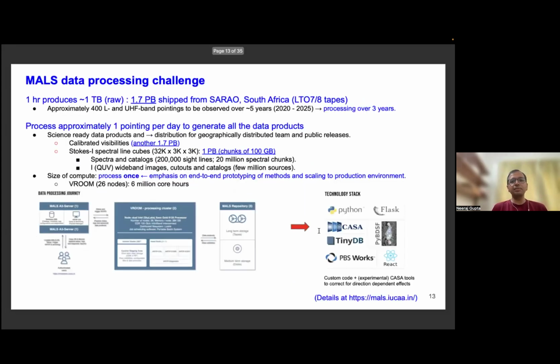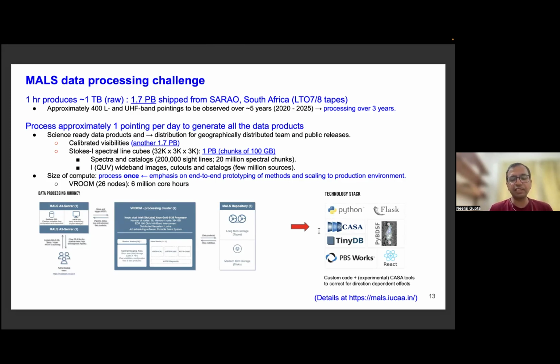So to overcome this data challenge, we have set up a large data processing facility here at IUCAA. It's a cluster consisting of about 25 nodes, and each node having about 400 gigabytes of RAM, and it is complemented by a multi-temperature archive of 8 petabytes.